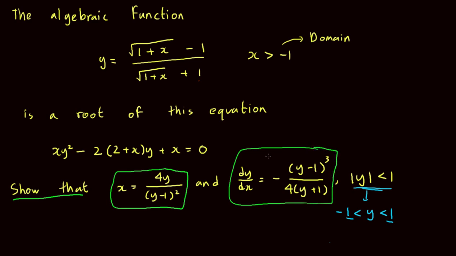So these are the two things the question wants us to do. I'll let you pause the video and give it a go. The root of the equation is not needed, it's just additional info given by the question.